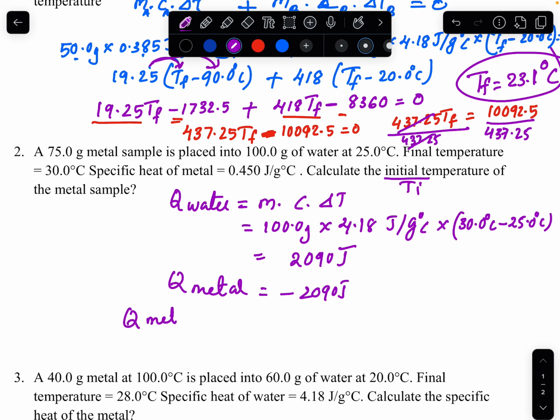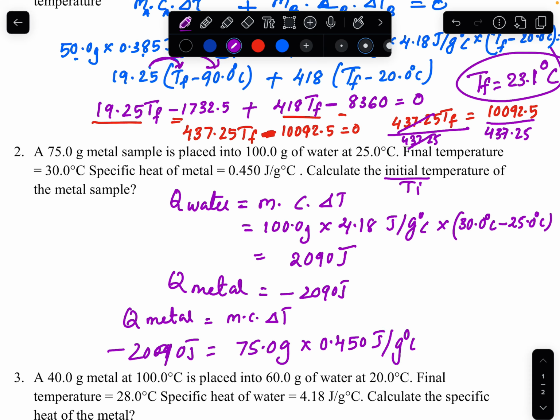Now Q of metal will be equal to M times C times delta T, which is minus 2090 joules, and the mass of the metal is 75.0 grams, times the specific heat capacity, 450 joules per gram degree Celsius, times delta T. We know the final temperature, which is 30 degrees Celsius, and we don't know the initial temperature, so we just put Ti.